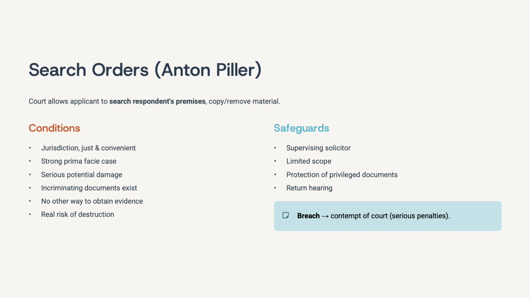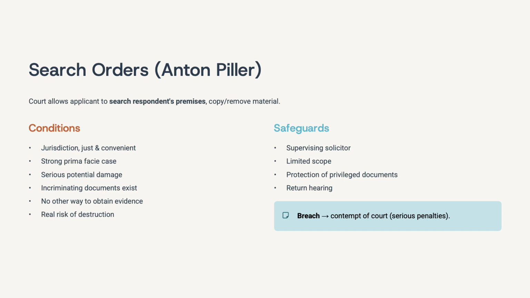Used when evidence might be destroyed, and their conditions are: jurisdiction, just and convenient, an extremely strong case, serious potential damage if they are not granted, evidence exists, no other way to get it but by way of search orders, or there is a real risk of destruction, and a cross undertaking in damages.